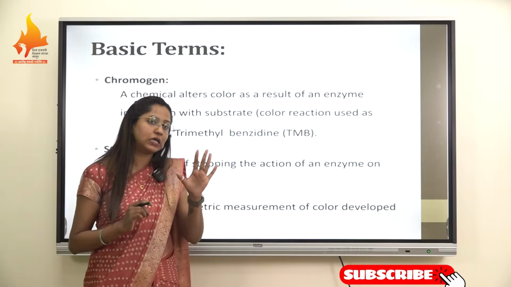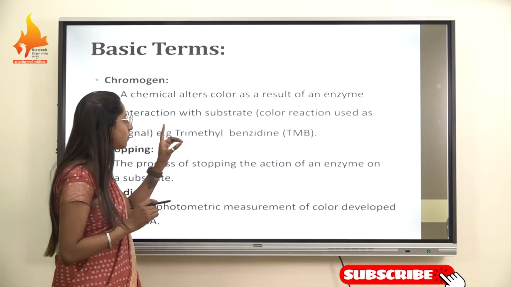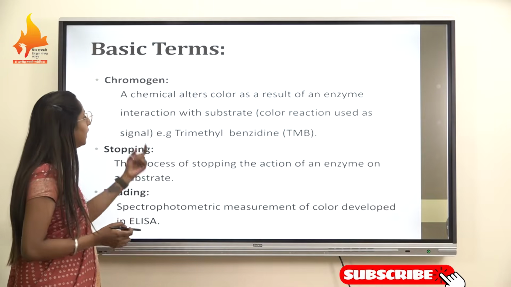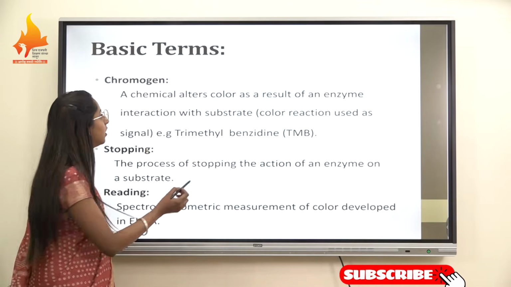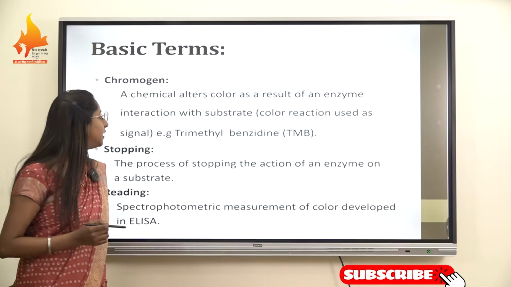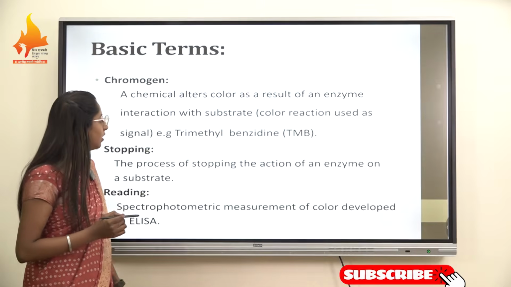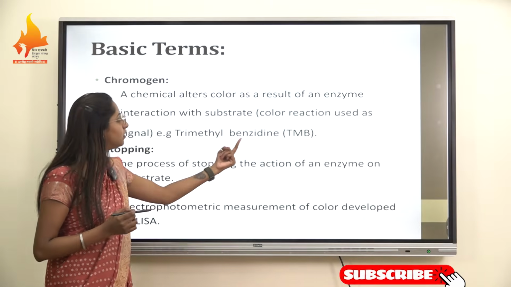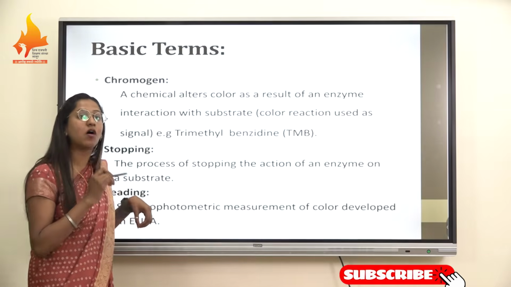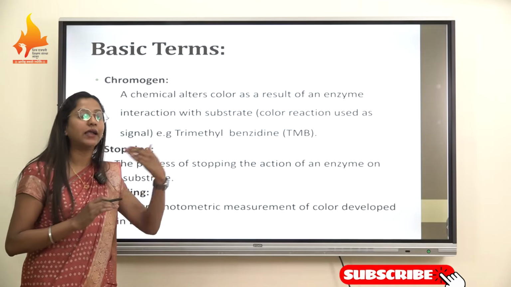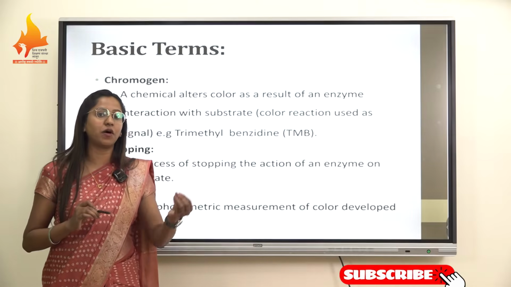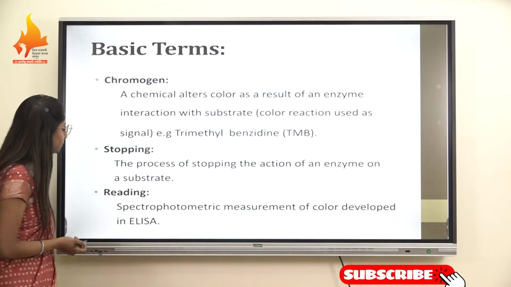The display of the color in the well denotes the formation of the product. So chromogen, what is it? It is a chemical reagent or chemical molecule which alters color as a result of an enzyme interaction with the substrate, right? Basically, tetramethylbenzidine is a substrate. When it reacts with horseradish peroxidase enzyme, it forms a product which you will be able to see with the help of the coloration of the solution.